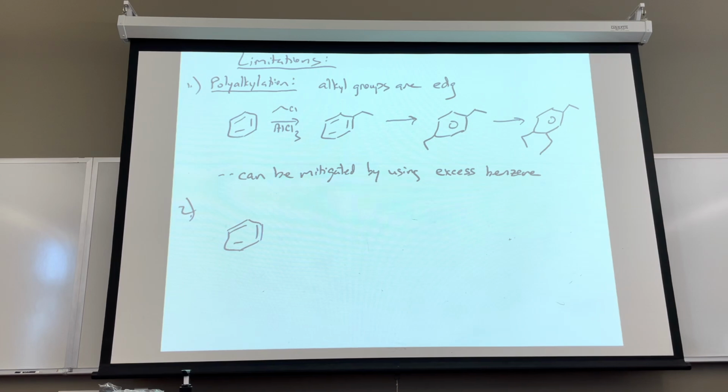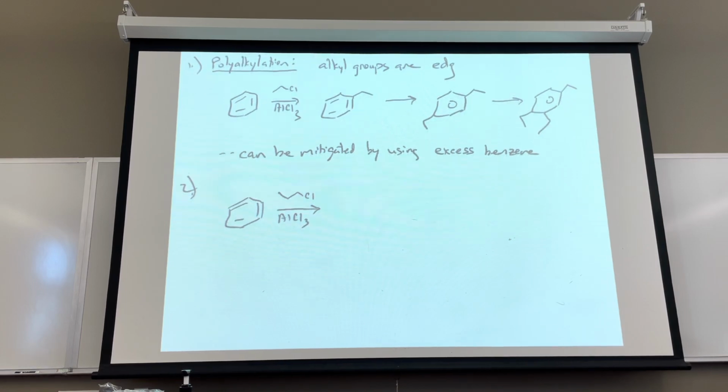If we were trying to make propyl benzene, presumably, we would use chloropropane, the Lewis acid. The reactive intermediate that would generate would be that. Does anybody see a potential problem with that carbocation?